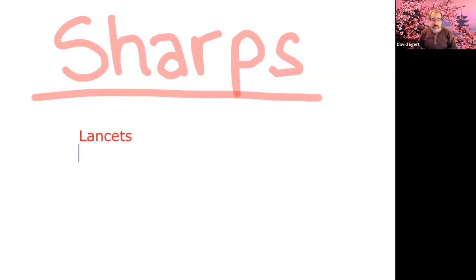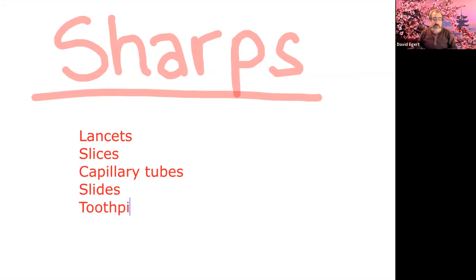It would include the microscope slides, because they're made out of glass, and the capillary tubes, because those can puncture you. Wait, not slices, slides. It would also include the toothpicks we'd use to mix things up, because those are kind of sharp, right?